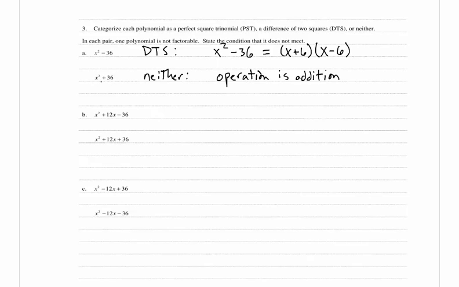In order for this to be a difference of two squares, we would have to have a minus sign in between our two terms like we did in the first example.